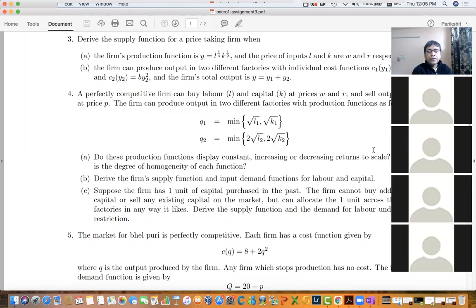So you're saying you wanted to? I wanted to derive the short-run cost function, but I don't know how I should go about this. What should I minimize? Okay, let's see.